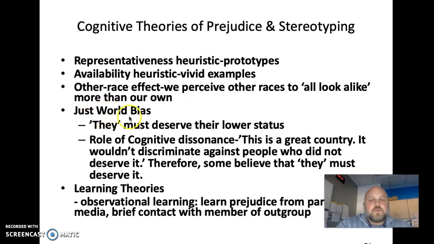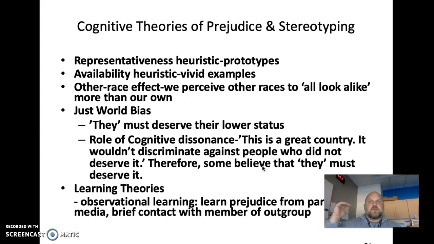We've talked about just world bias. If we see groups of people that are struggling or not doing as well, we might say they deserve their lower status. If they would just work harder and do what they were told and do better, then they would be doing better. Because they are struggling and lower socially, they must have done something to deserve it. And then the role of cognitive dissonance. Think about the example on the slide: we live in a great country, it wouldn't discriminate against people who did not deserve it.